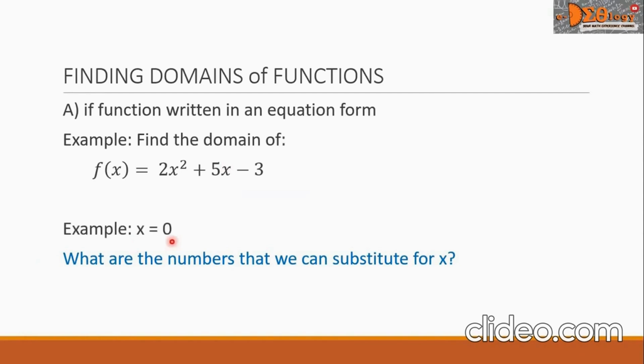We can use 0 to replace the x in the function. If we do that, the value f(x) will be -3. We can think of other numbers like 1 or -10 or 50 or 100. We can think of many numbers that can replace the x.